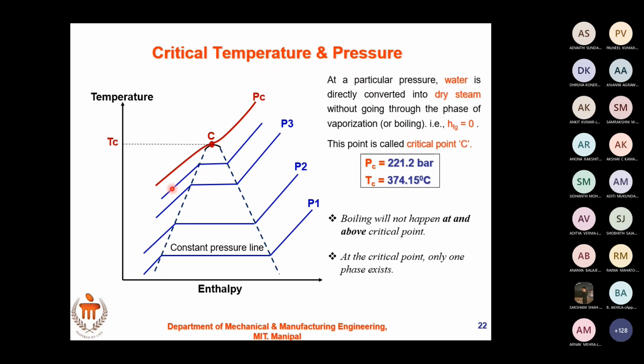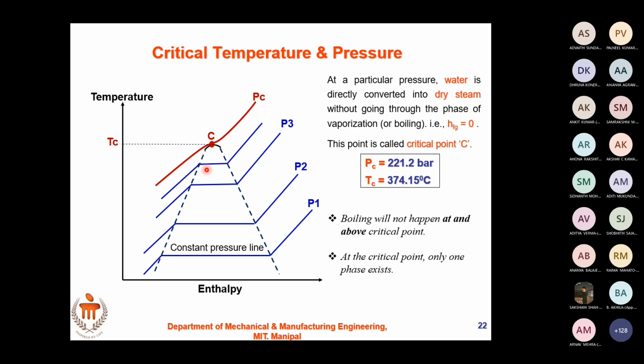It's not wet steam here. See, that is what I'm once again making clear. Any phase here, this is completely liquid. There is no steam here. Be very clear with this. On this line, the left-hand part of the vapor dome, I have only water.